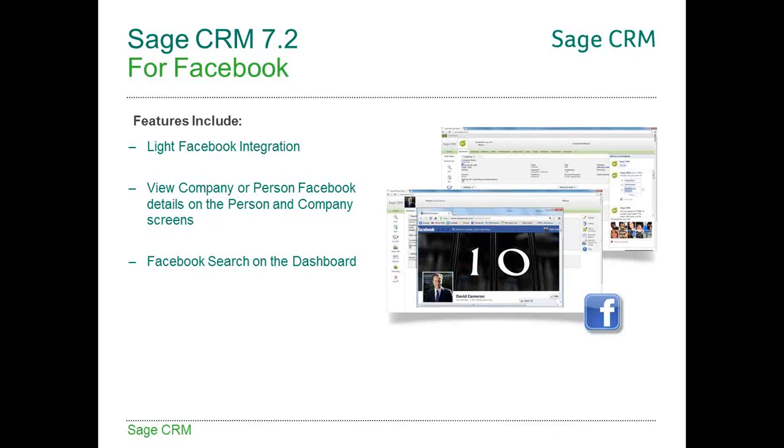So we're looking at the blurring of personal and business and that large social graph, really, that extended networks create, and that rich set of data that is available elsewhere that you could use and perhaps should track inside Sage CRM. So what we're doing here is really driving home the story that while CRM should be at the heart of every business, the reality is there is other information on other networks that are out there.